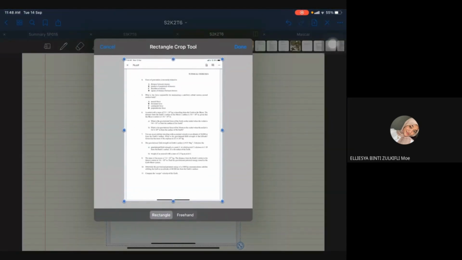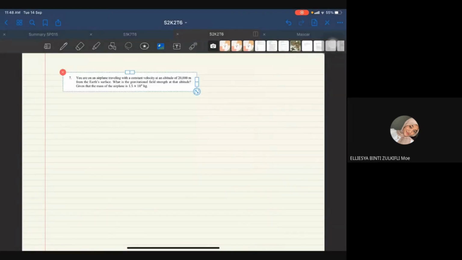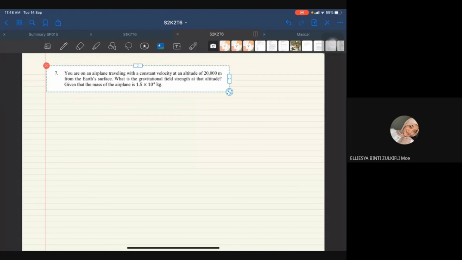You are on an airplane traveling with constant velocity. Okay. What is the gravitational field strength at that altitude, given that the mass of the airplane is 1.5 times 10 to the power of 4?